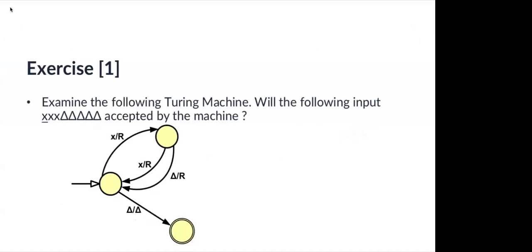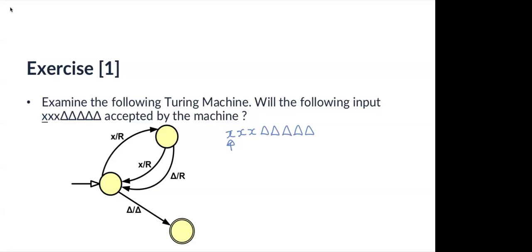So for example, here we want to check if the Turing machine will accept this string. Here we will have x, x, x, delta, delta, delta, delta, delta. This means we will start from the first symbol for the tape head.